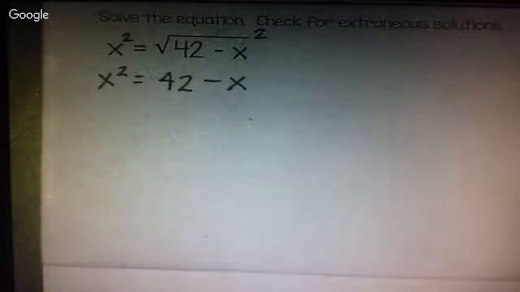Keep your a term positive, so your x squared should stay positive. We're going to move everything to the left. In order to do that, I need to add x and subtract 42.